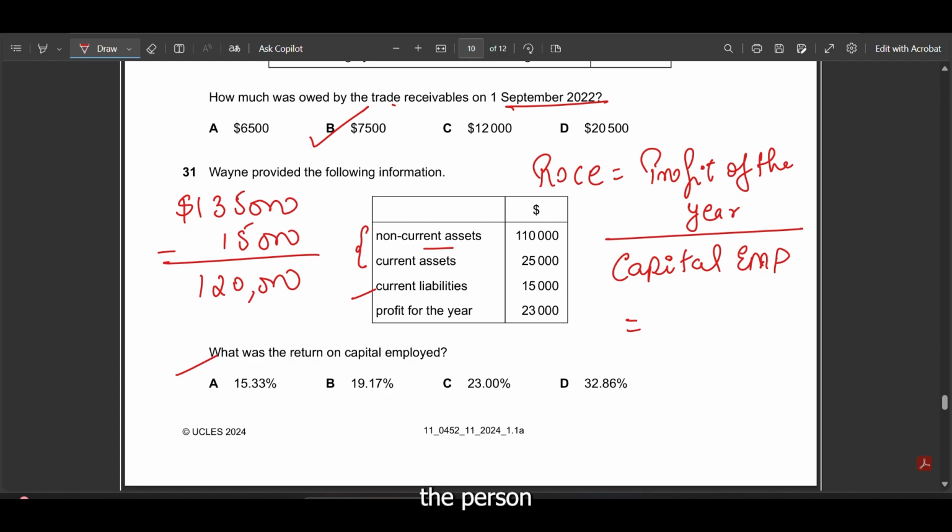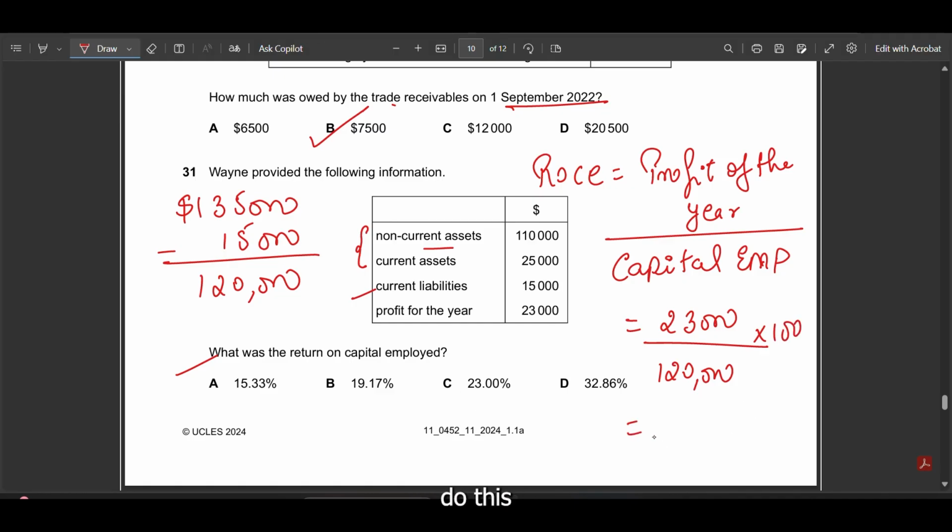The higher the percentage, the better it is for the business. So the profit which was made, 23,000, divided by the entire capital employed, that is 1,20,000, multiplied by 100, because we want the answer in percentage.